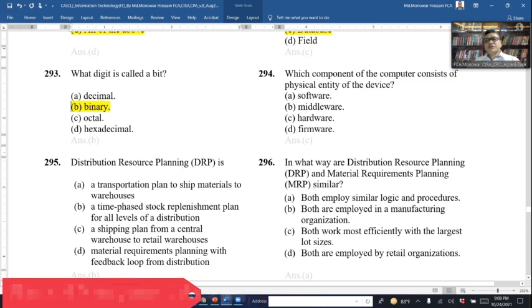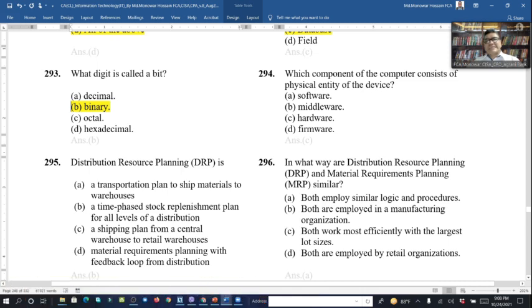Which component of the computer consists of the physical entity of the device? Physical entity means hardware, related with the physical. We can touch it. So the hardware component of the computer consists of the physical entity of the device.